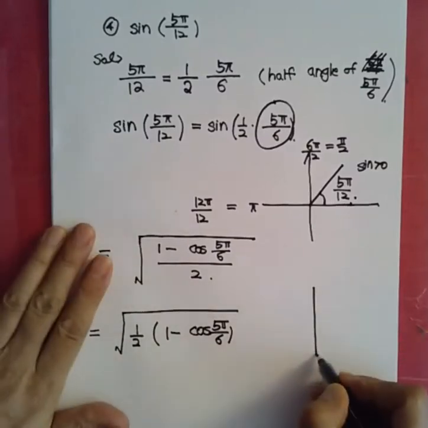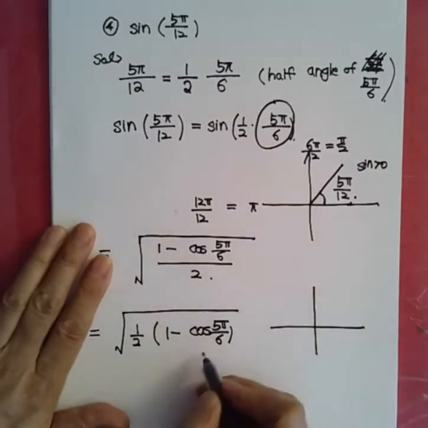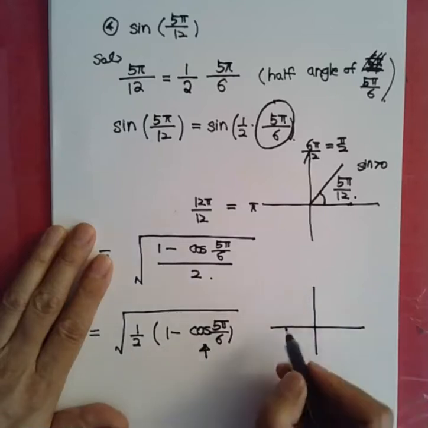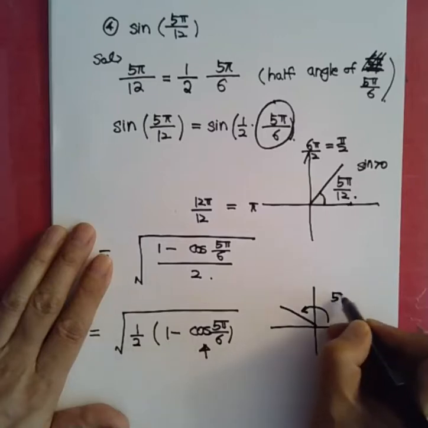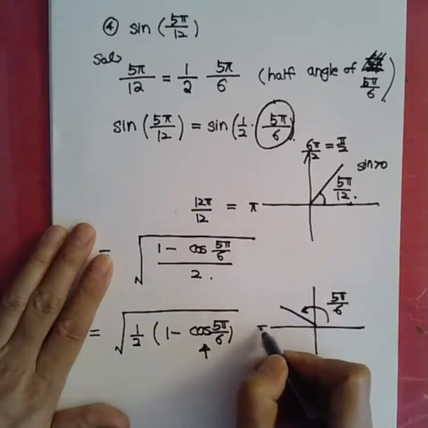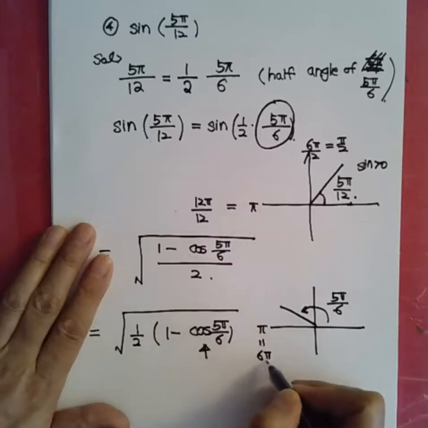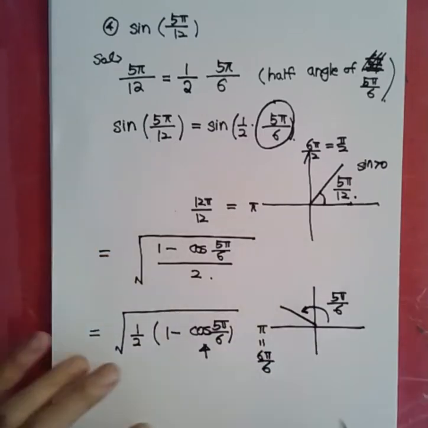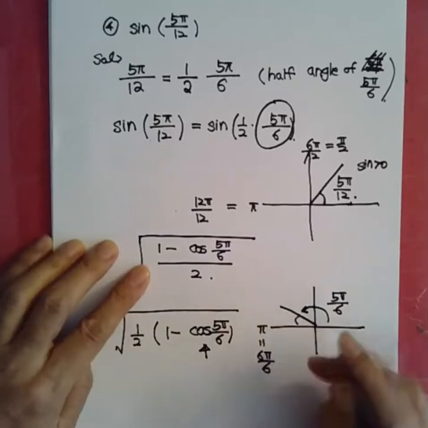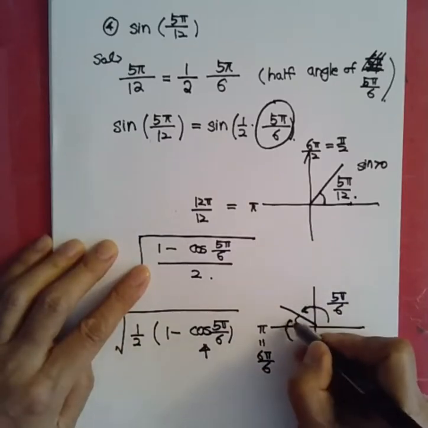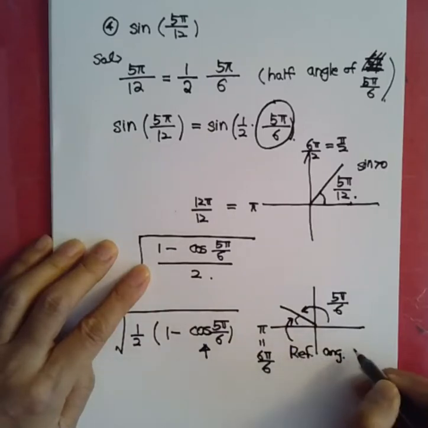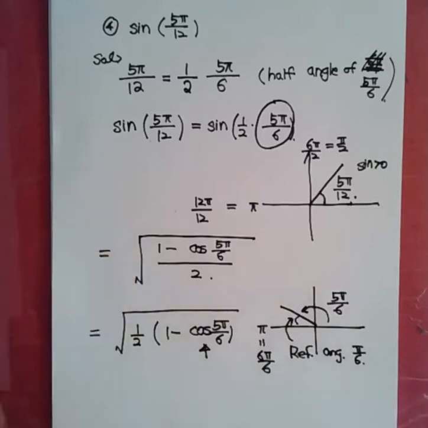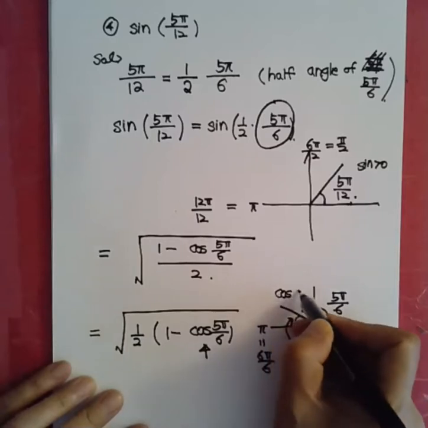In this case, this angle belongs to the second quadrant because pi is 6 pi over 6. It is slightly less than that. The difference between these two angles will give us the reference angle. Reference angle is pi over 6. In the second quadrant, x values are negative.